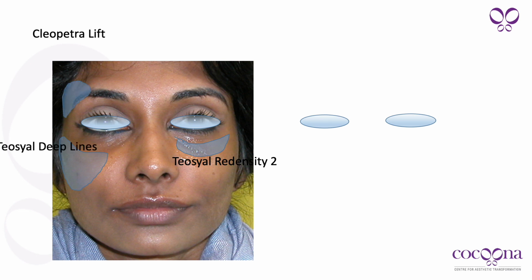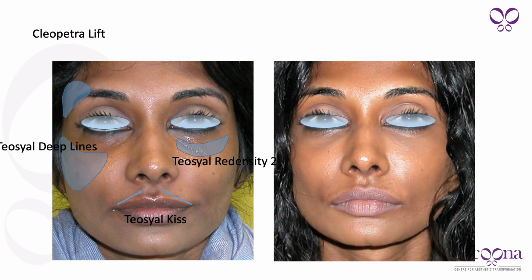Temporal hollowing was corrected using Teosyal deep lines, again using cannula technique. And Teosyal Kiss to do contouring of the lip. As she had good volume, I just improved the contour with the filler, and that was the correction achieved with the fillers.